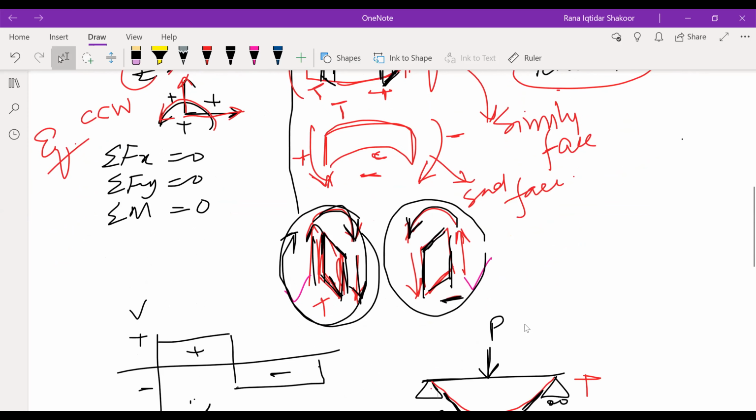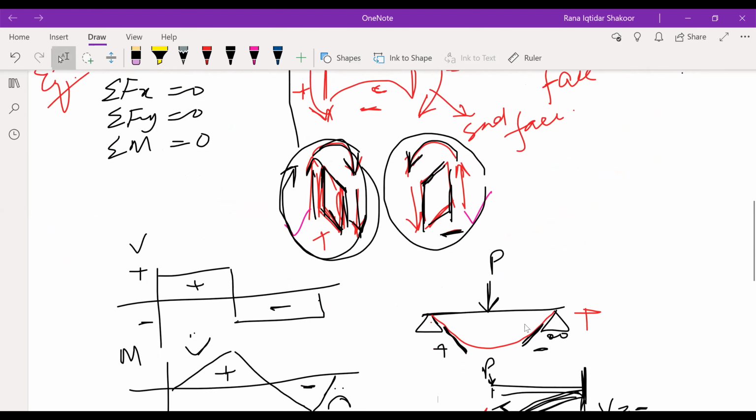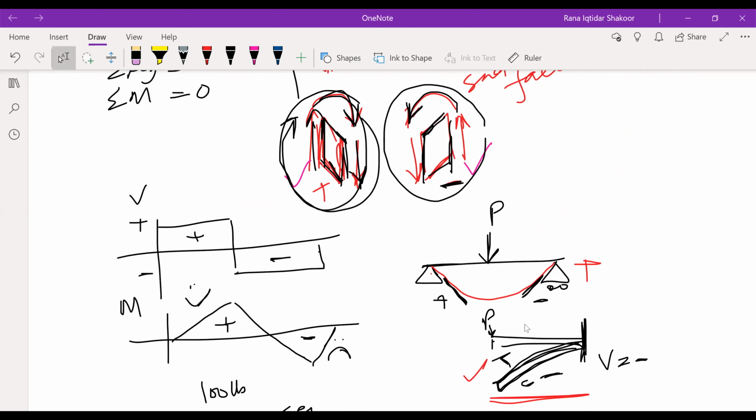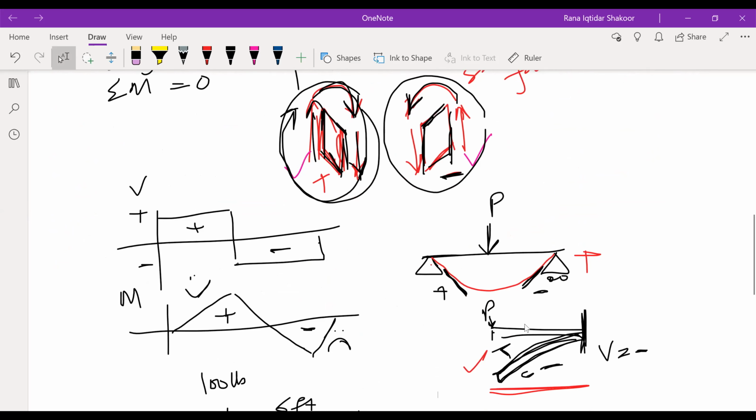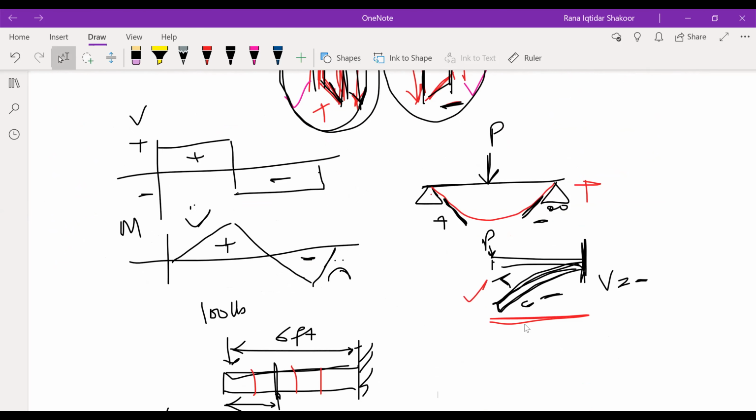So now if you go for this one, if we have this sort of shearing force and bending moment diagram, in which you initially have a positive one, then a negative one, and then this sort of stuff for the moment. So this is the positive shear, right?